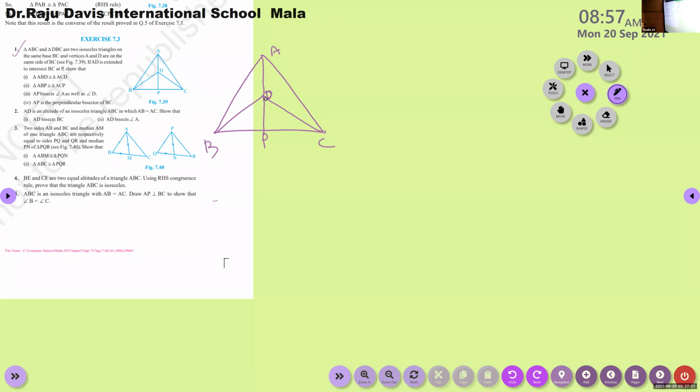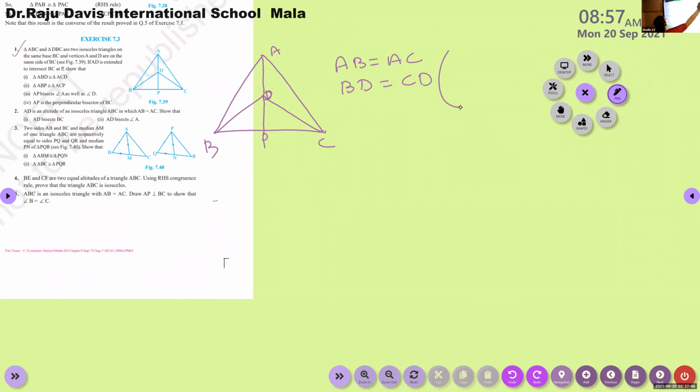Since ABC is an isosceles triangle, we can write AB equal to AC, isn't it? First question, we need to prove. Triangle DBC is also isosceles, so there also we can write BD equal to CD.